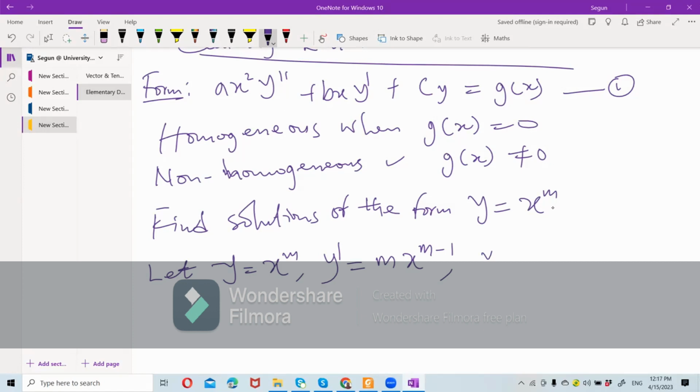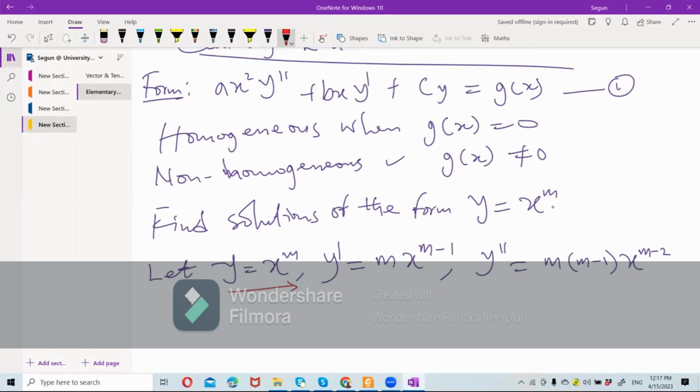Then I can also differentiate twice because I'm working on second order. y prime prime would be m into m minus 1 x raised to power m minus 2. So these are the things I'll be working with. I'll substitute these into equation 1.